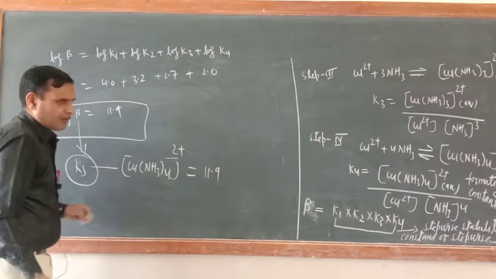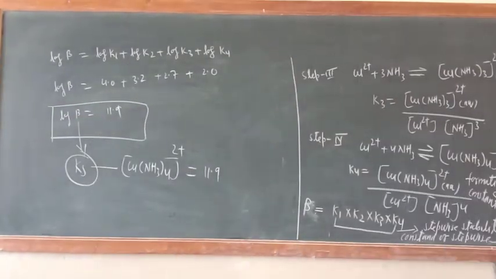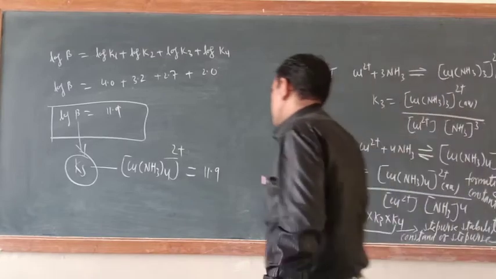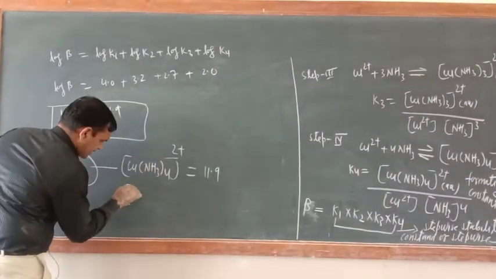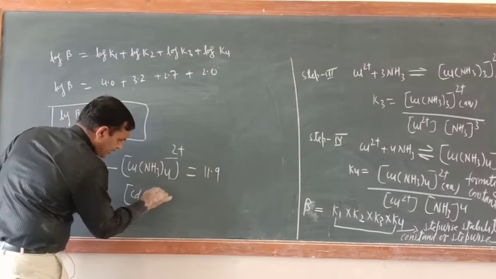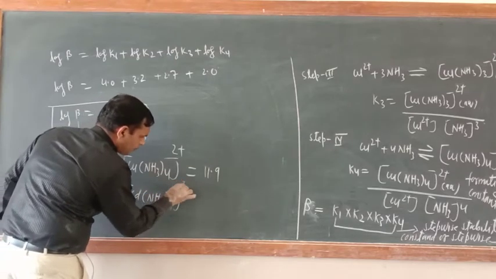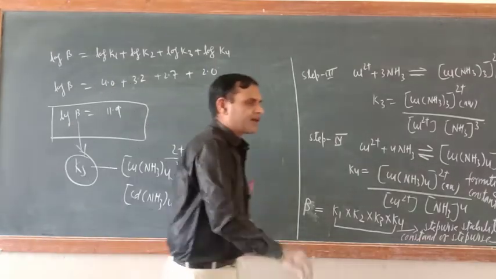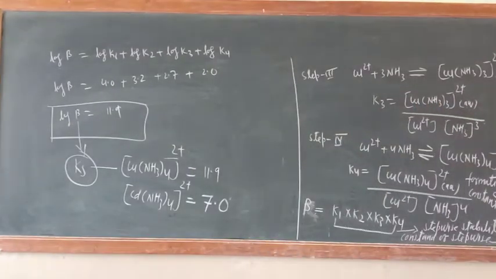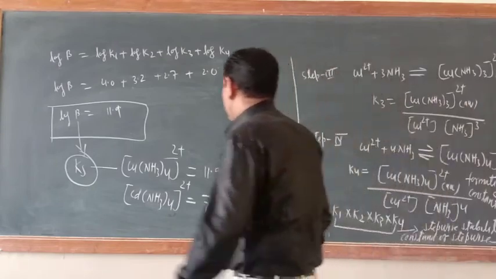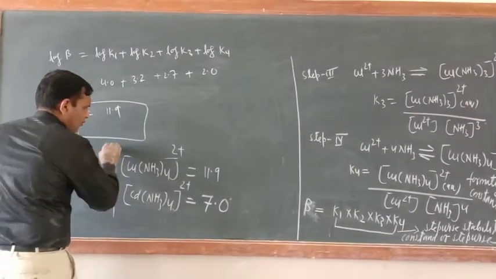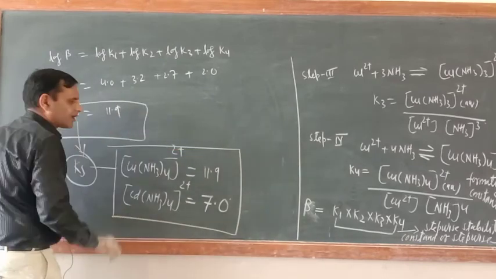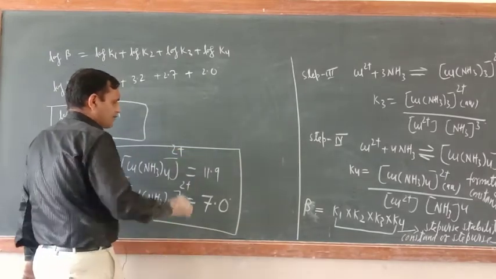Suppose I am writing one more compound, the cadmium compound, [Cd(NH3)4]2+, and their value is 7.0. In the same way you can write, there is no problem. And now which will be more stable, just see. So what is the rule? Greater the value of stability constant, greater will be the stability.